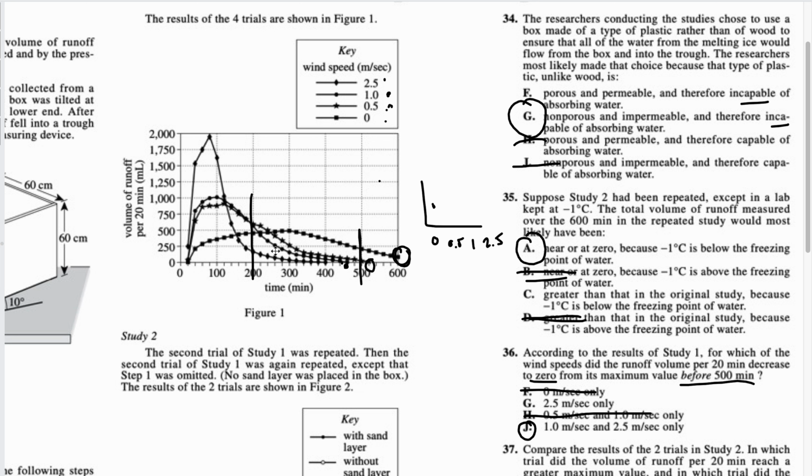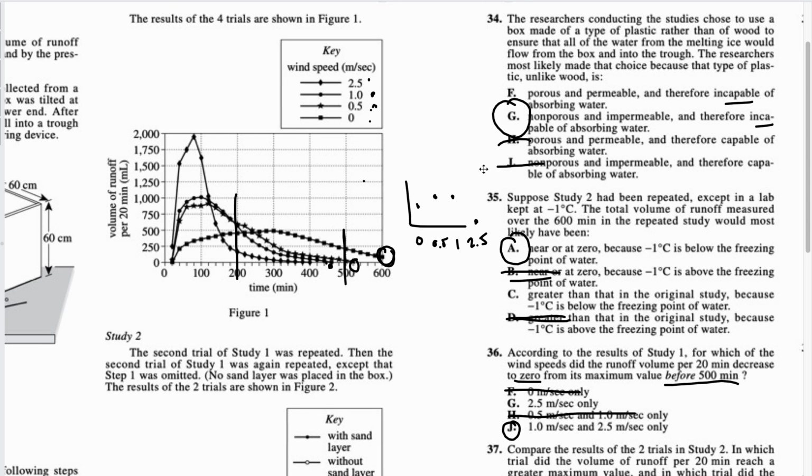Then the 0.5, which is the star, is just slightly above that. Then the 1, which is the circle, is about at the same spot as the star. And then the 2.5 is the diamond, which is much lower than the square. So I have that relative shape.